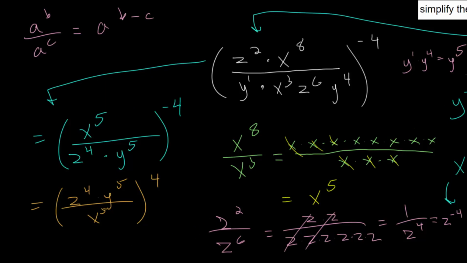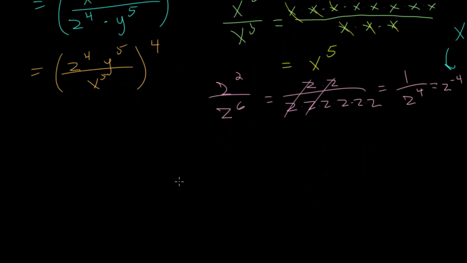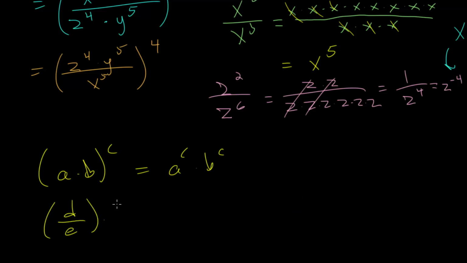And the last step here is to deal with that +4 exponent. We have a fraction and a product here. So let's say we have a times b to the c power. When you have a product raised to an exponent, that exponent goes to both factors in the product. And it would be the same if, let's say we have d over e to the f power.